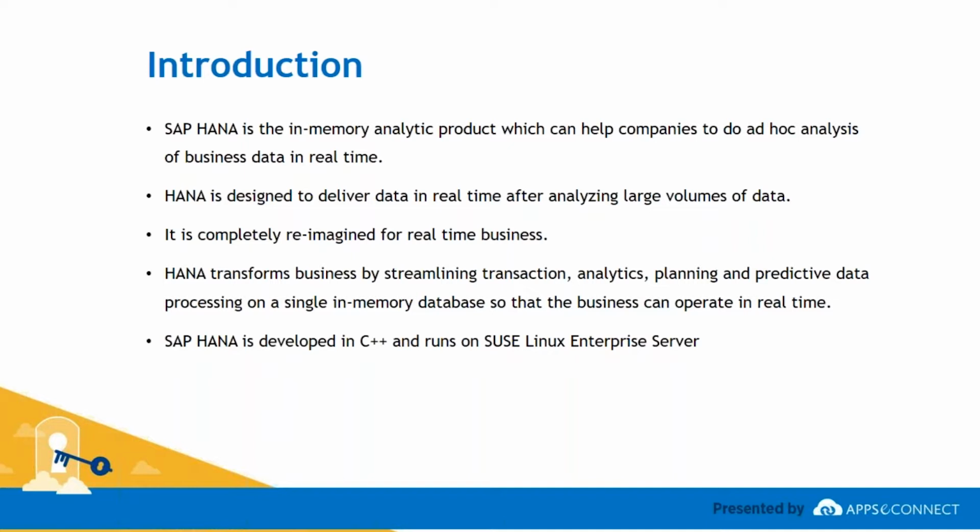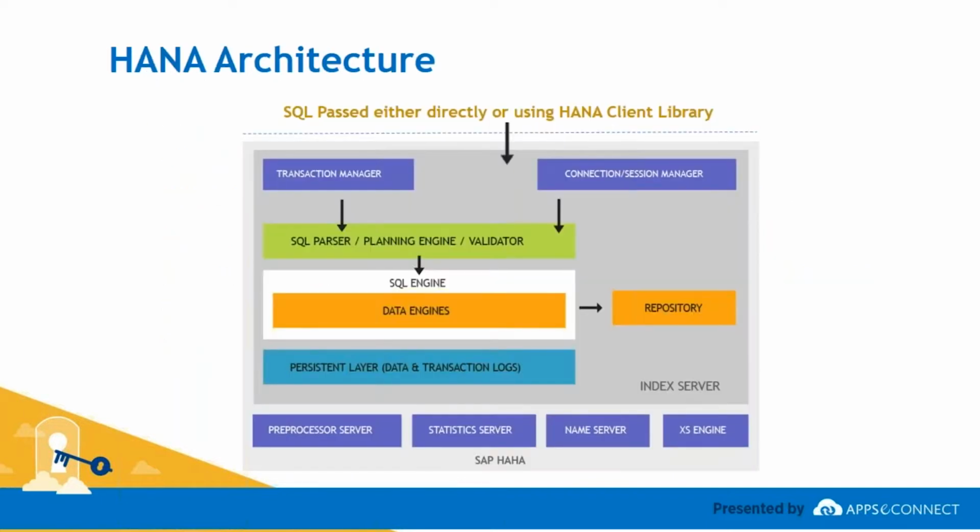SAP HANA database consists of multiple servers, and the most important component is the index server. The SAP HANA database consists of the index server, name server, statistical server, preprocessor server, and access engine, which I'll discuss.